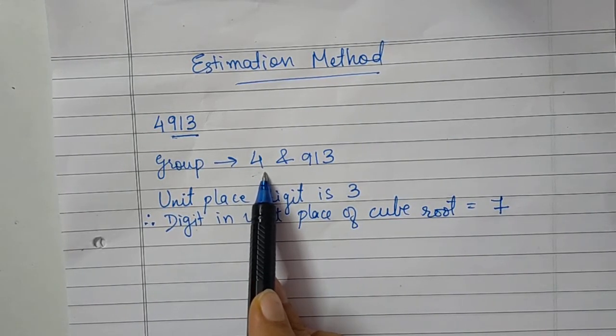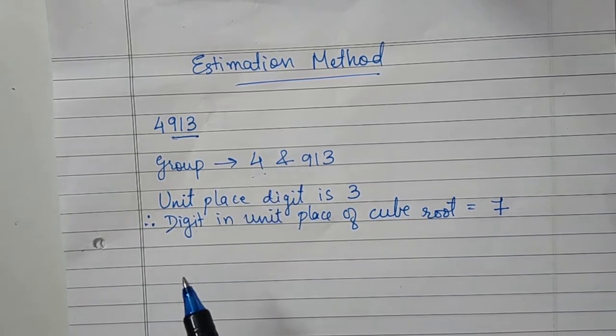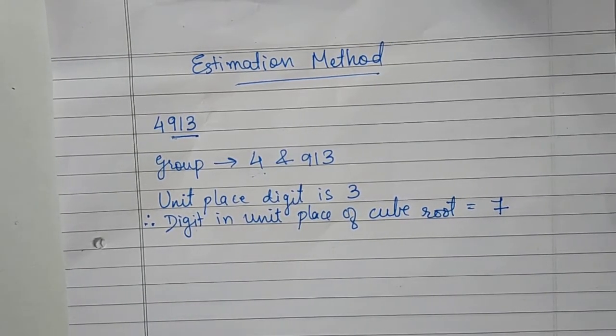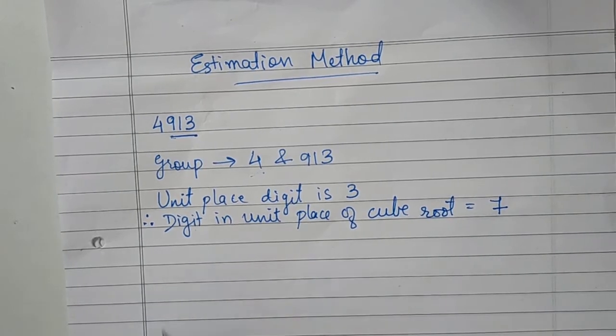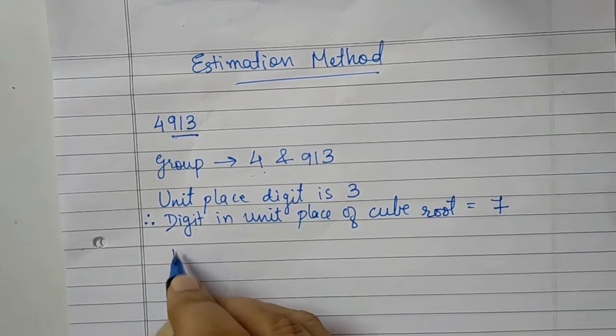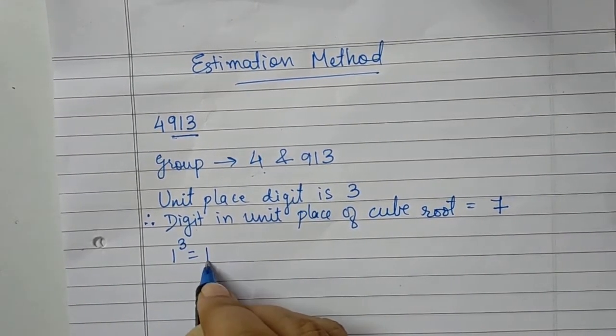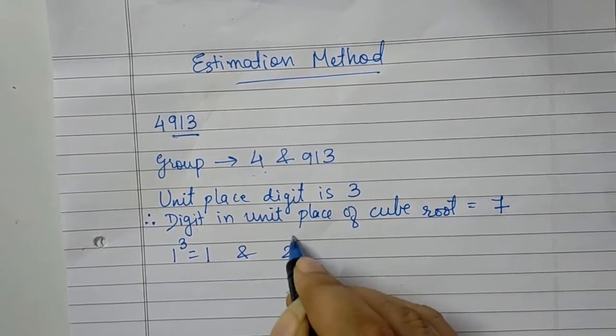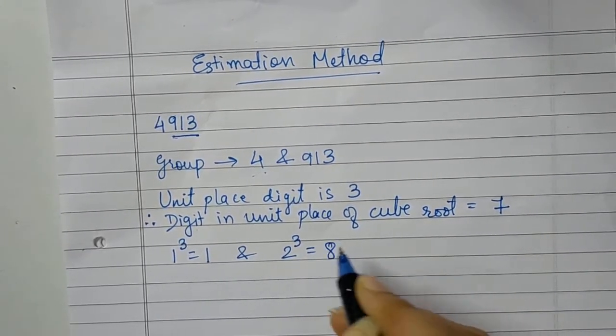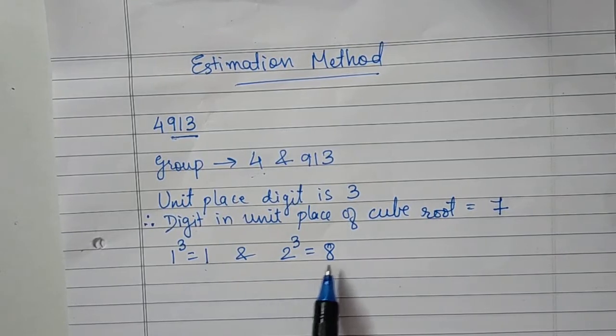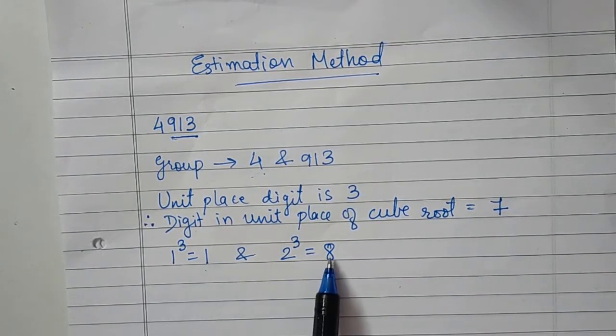Now for the tens place we have to see this number 4. Is it a perfect cube number? No. Then 4 lies between which 2 cube numbers? Right? What is 1 cube? It is 1. And what is 2 cube? 8. So does 4 lie between 1 and 8? Yes, 4 lies between 1 and 8.